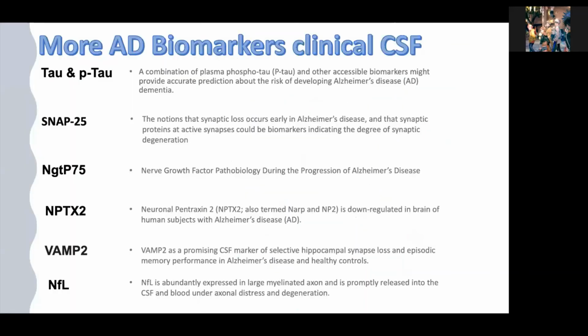Okay, so this is, I think, the most informative page of all this, because the Excel sheet has a lot of numbers for all of those terms, and I just want to quickly go over them with all of you. There's tau and p-tau: t-tau is total tau, and p-tau is phosphorylated tau.